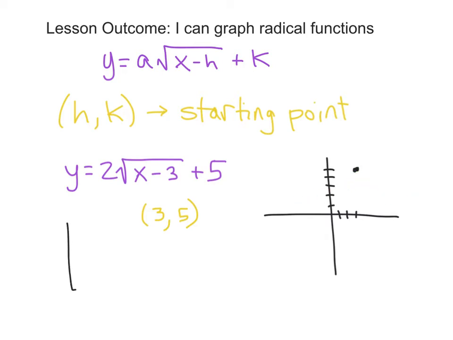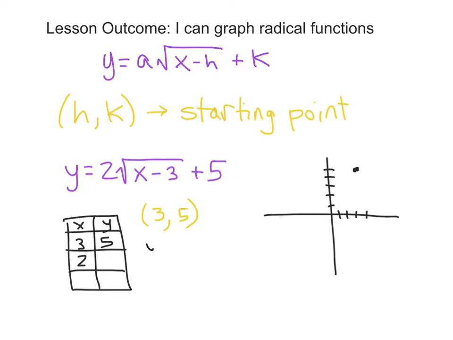So, like typical, if we use a table, we can put (3, 5) in for our starting point, and then we need to choose some other values for x so we can find out where it is going. So we can start by choosing a point just to the right or just to the left of our starting point. I'm going to go ahead and choose 2 for starters, the 2 right here, and see if we get a y value. Now, you could use your calculator or you can do the computing here.